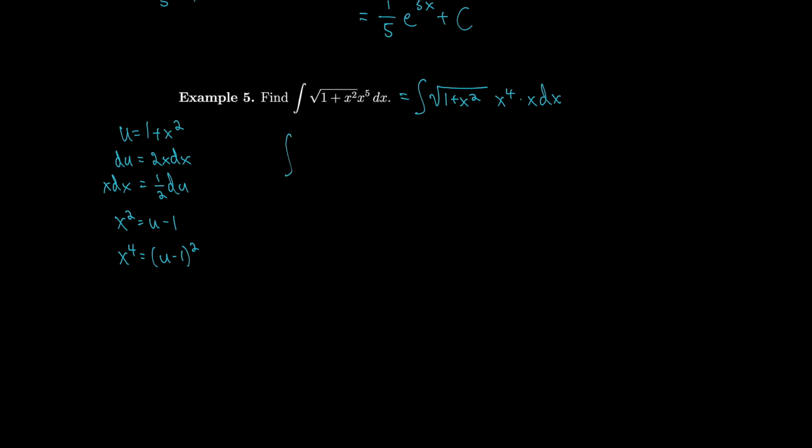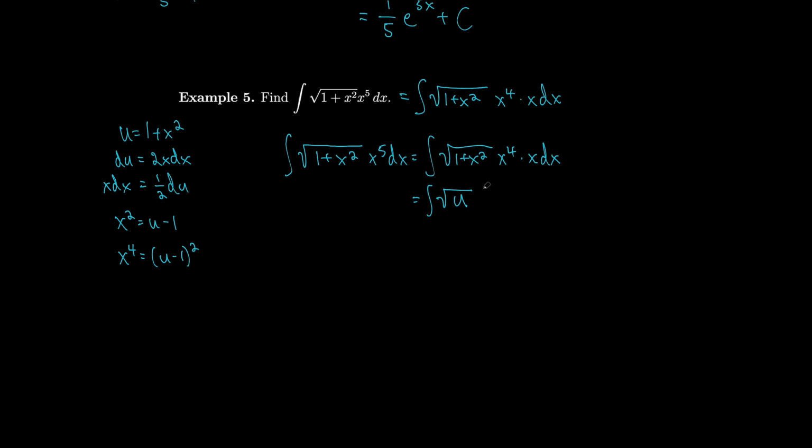So let's do this integral. We've got the integral of square root of 1 plus x squared times x to the 5th dx, equal to square root of 1 plus x squared times x to the 4th times x dx. We replace the square root of 1 plus x squared with the square root of u.